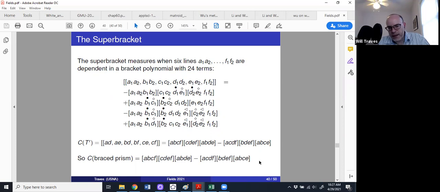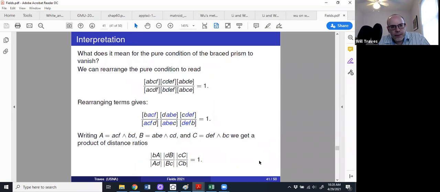And this agrees then with the table that's given in White and Whiteley's SIAM paper, where they write this pure condition down. So that's a nice computation. And now I want to turn to what does it mean?